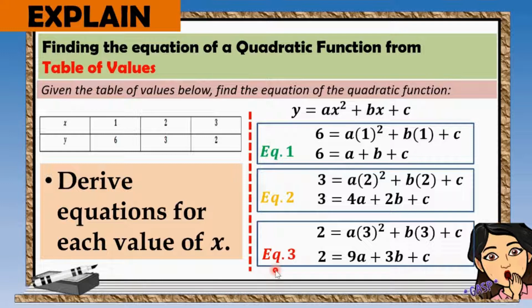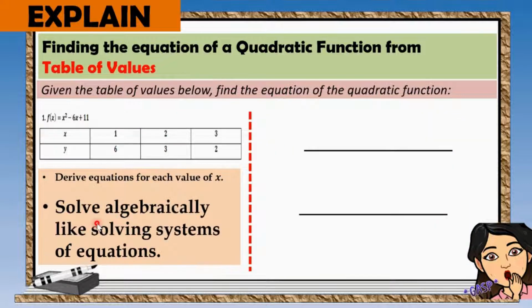So, the question is, how are we going to get the values of a, b, and c? That is our second step, which is to solve algebraically like solving systems of equations. We are going to use equations 1, 2, and 3. Let's take equation 1 first, which is 6 equals a plus b plus c.